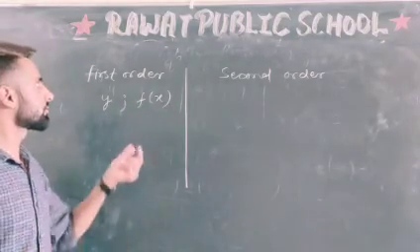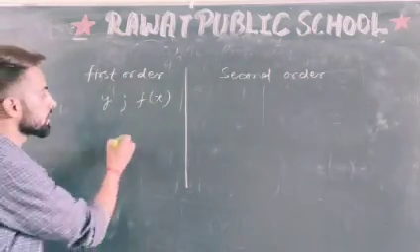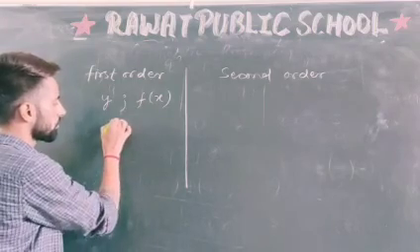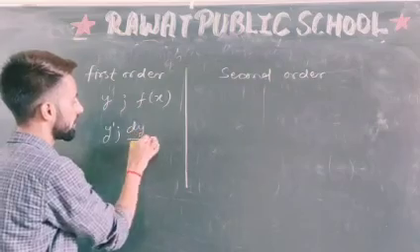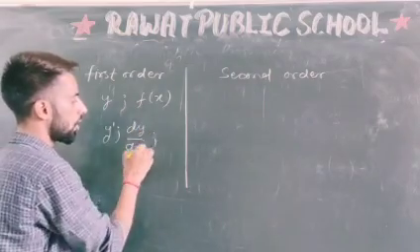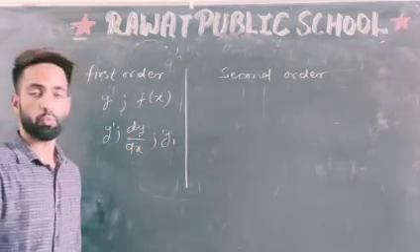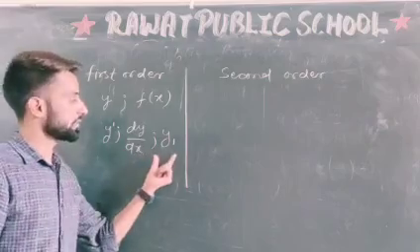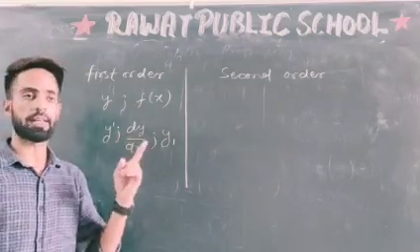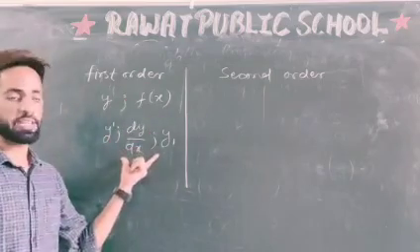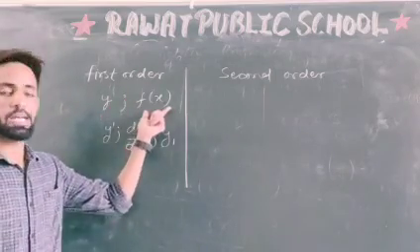In that case, the first order derivative is denoted by y dash, or dy by dx, or y1. These three different notations represent a single thing, that is the first order derivative of the function y or f(x).